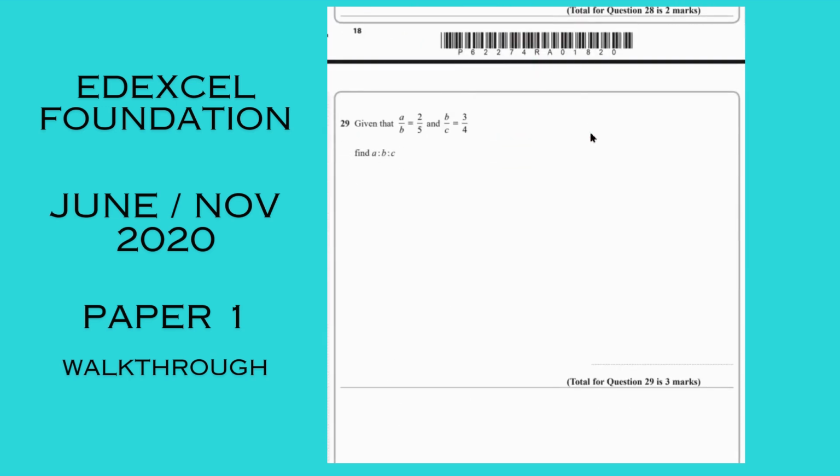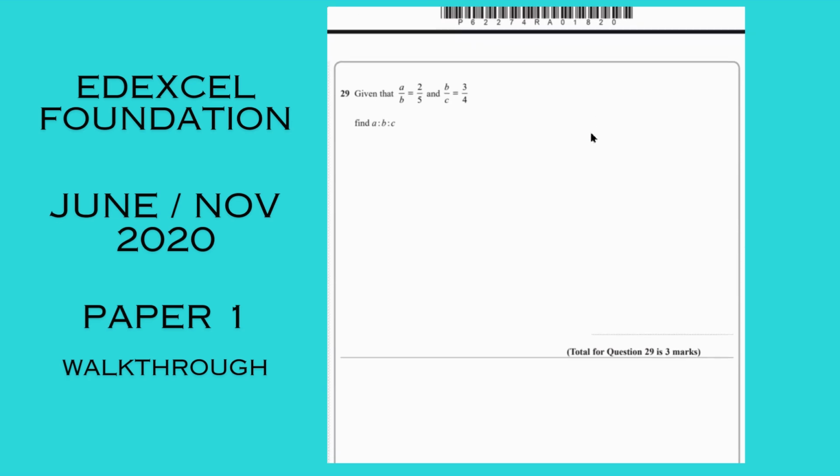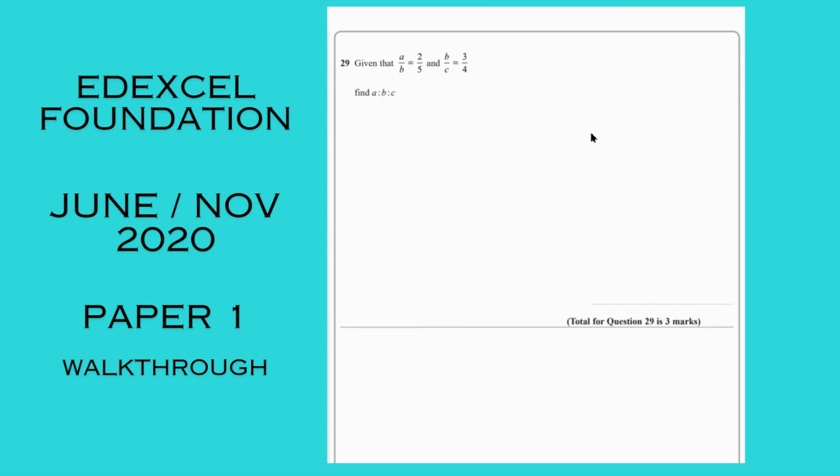So number 29, certainly one I bet a lot of people leave out. My advice, take them away from fractions. A to B is 2 to 5. B to C is 3 to 4. How can we link? Well, it'd be nice in the middle.